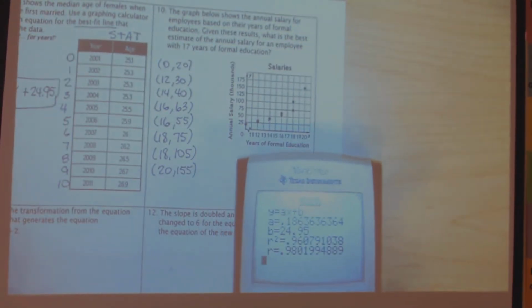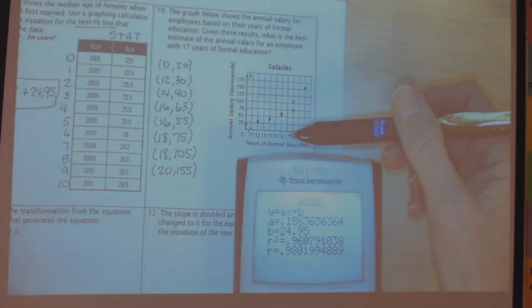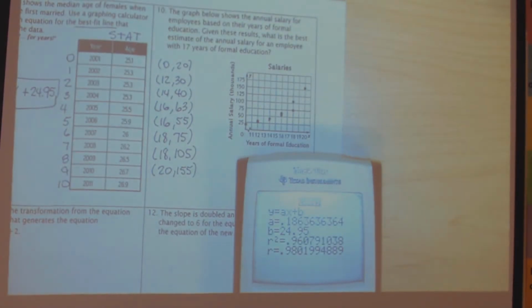Okay, for item number 10, they've given us a graph, and they're going to want us to estimate when it is 17. So let me clear out the calculator real quick. And let's see what happens when we are estimating this for 17.